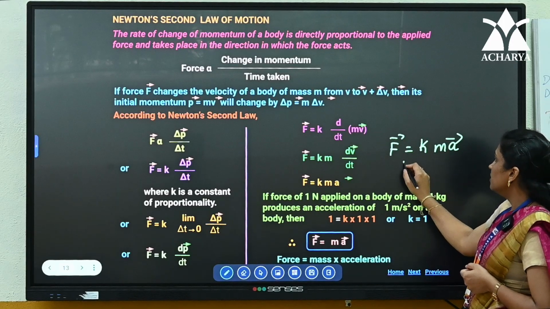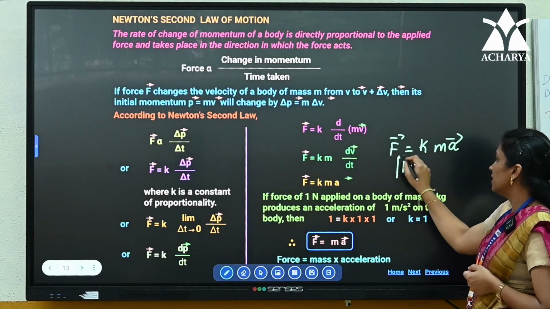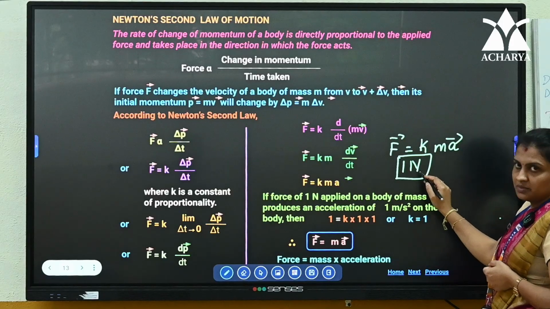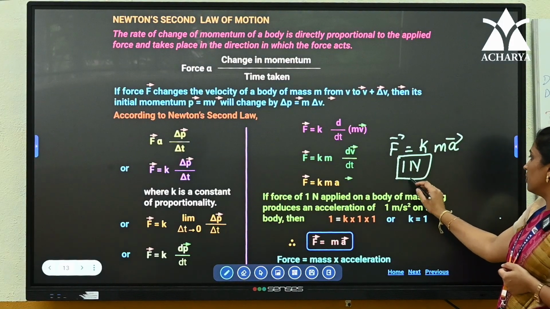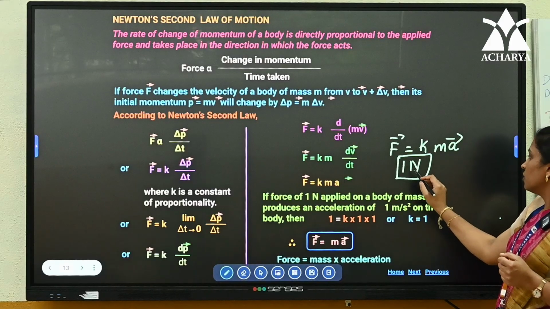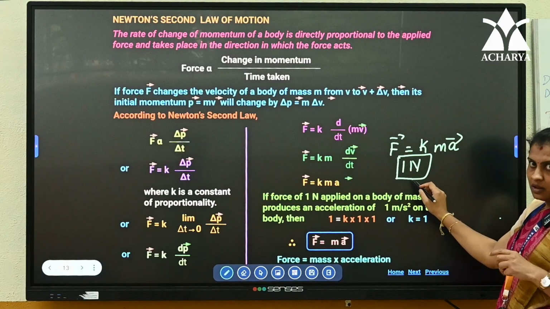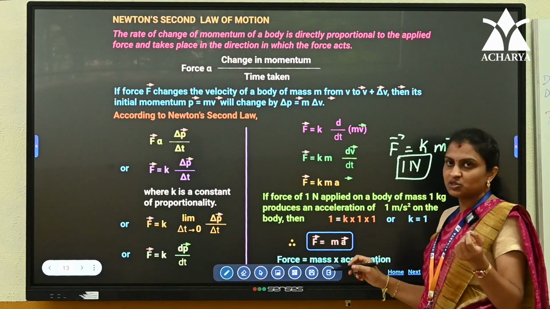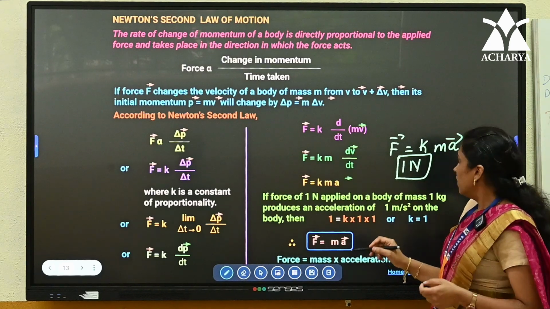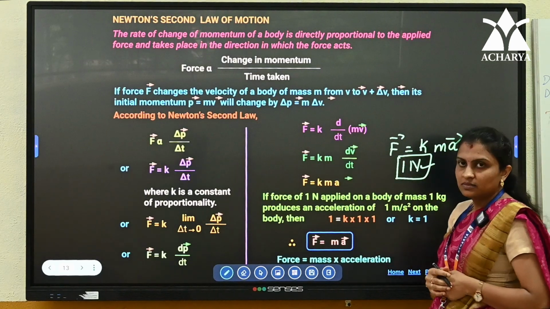So, what is 1 Newton? 1 Newton means when a force applied on a body of mass 1 kg produces an acceleration of 1 meter per second square, that is called 1 Newton.